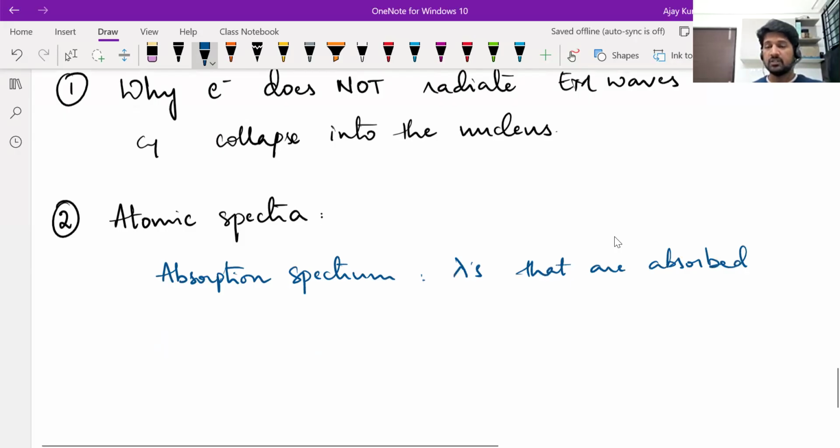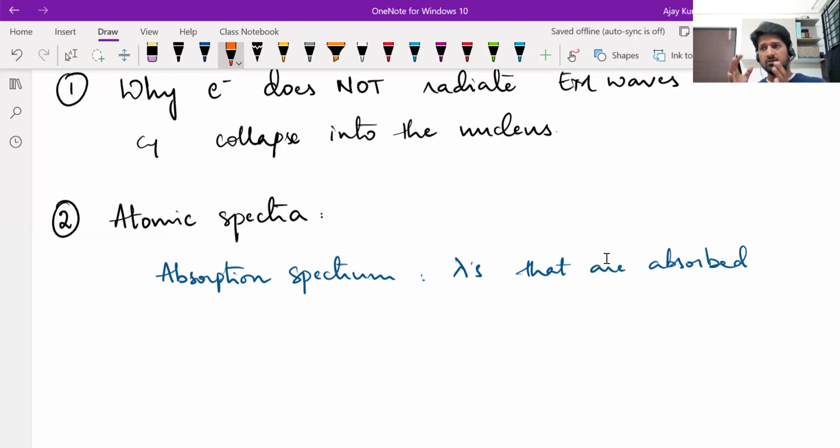And atoms have something called an emission spectrum also. An atom which has been energized, meaning supplied with energy, loses that energy by emitting radiations. This has all been determined experimentally. So excited atoms, or energized atoms, get de-excited or lose their energy by emitting radiation. But they don't emit radiation of all possible wavelengths.